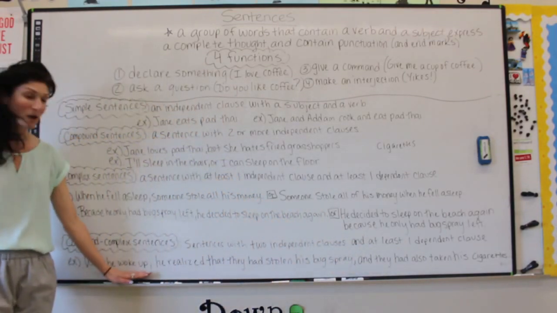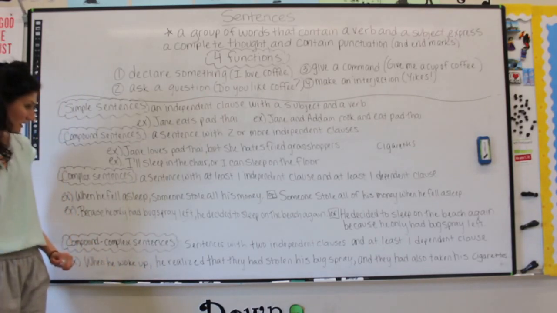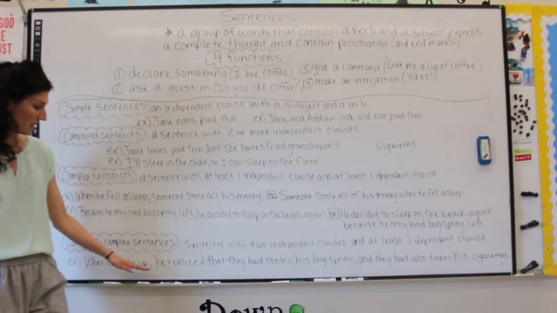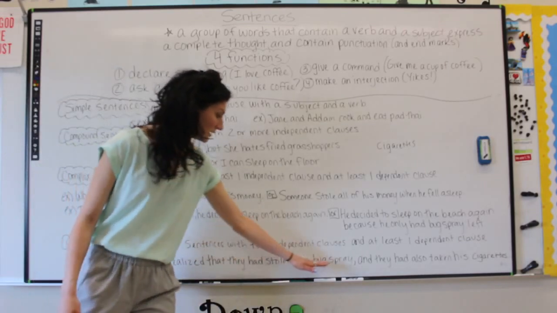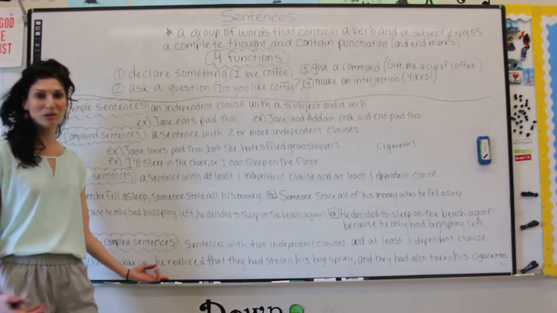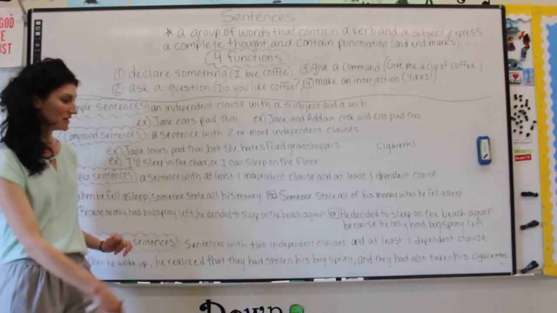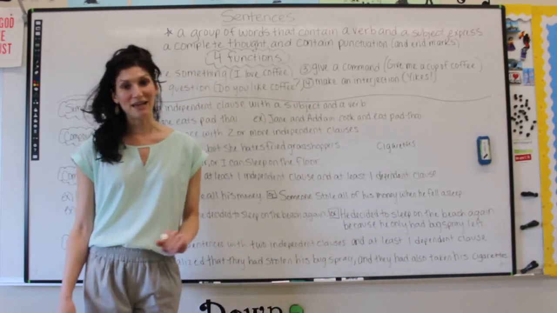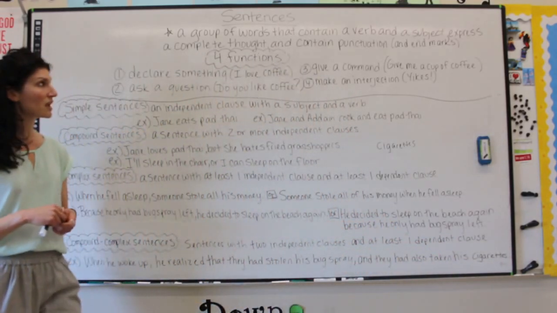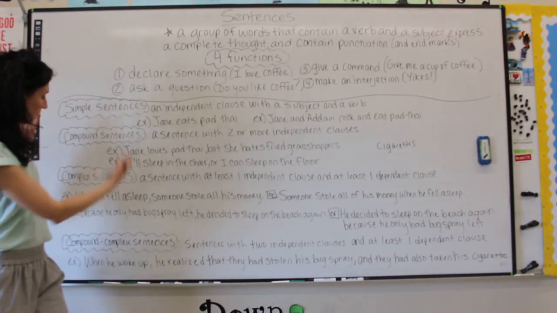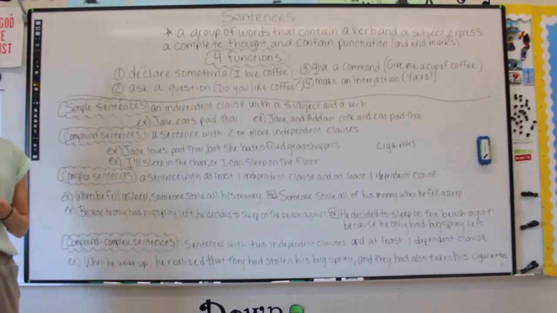So when he woke up would be the dependent clause because it can't stand on its own. He realized that they had stolen his bug spray. This could be an independent clause because it would be able to stand on its own and make sense. And they had also taken his cigarettes will be the second independent clause. So I hope that this clarifies sentences for you and all four different kinds of sentences that we have here.